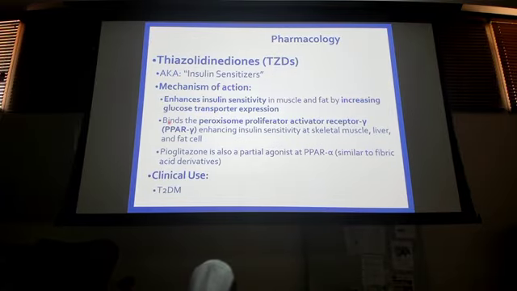When you look at your TZDs, or your thiazolidinediones, these are insulin sensitizers, so that is essentially what your mechanism is, right? It's enhancing the sensitivity to insulin so that our body can respond to that and help our patient who has a lot of glucose and sugar floating around, right? Another thing that's kind of unique to this, which we haven't seen, is the peroxisome proliferator-activated receptor, or your PPAR gamma.